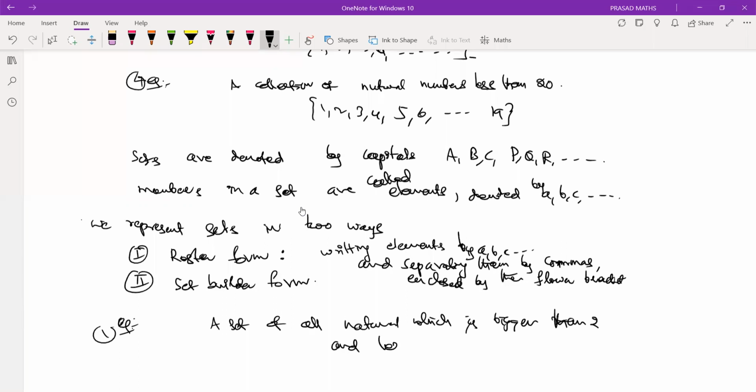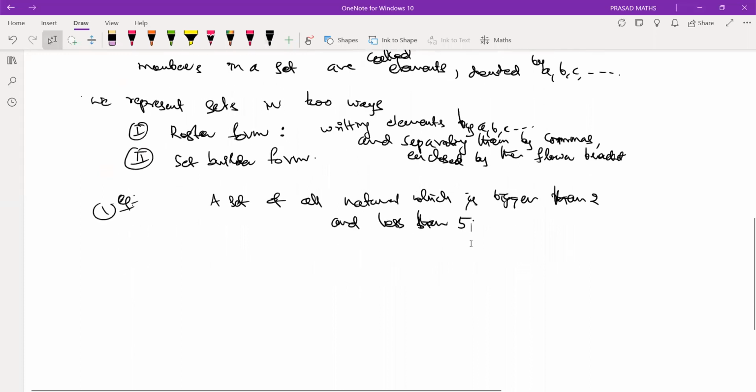That means what are the natural numbers which are bigger than 2? This is nothing but my set of natural numbers.